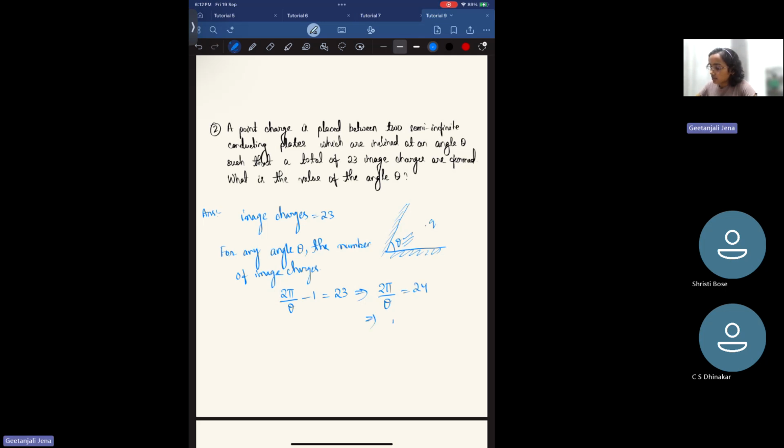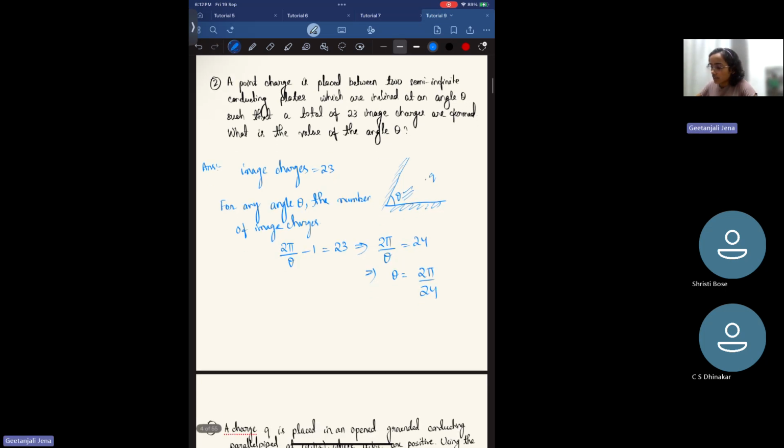So theta is 2 pi by 24. And if you calculate it, it will be pi by 12. This will give an angle of 15 degrees.